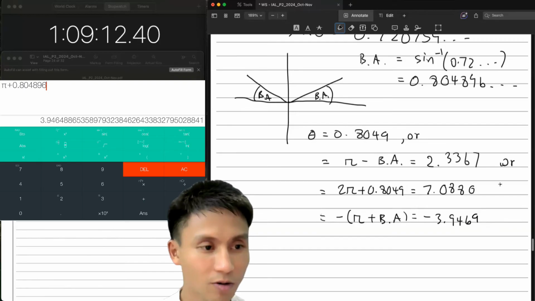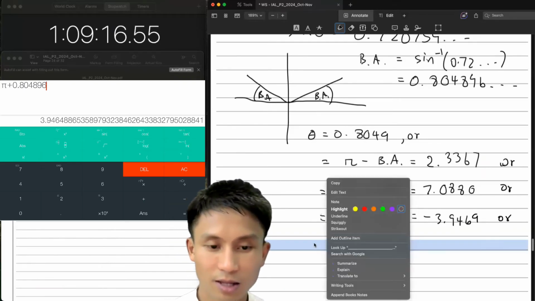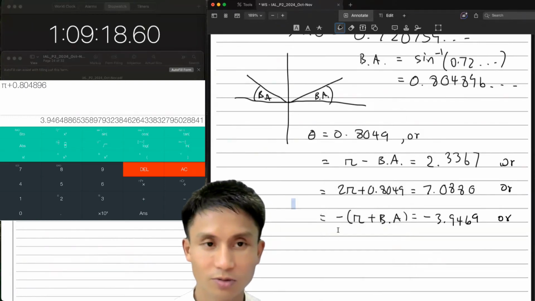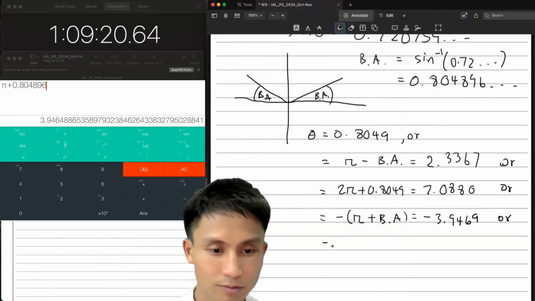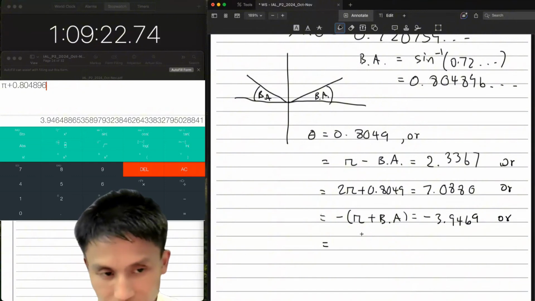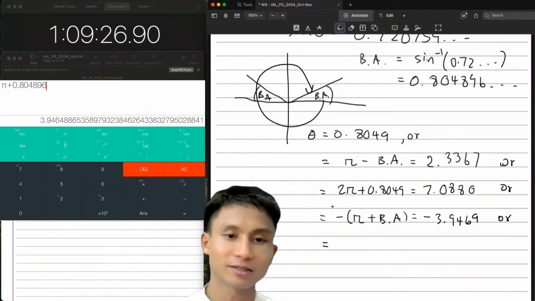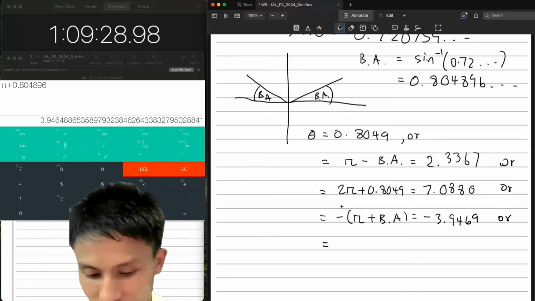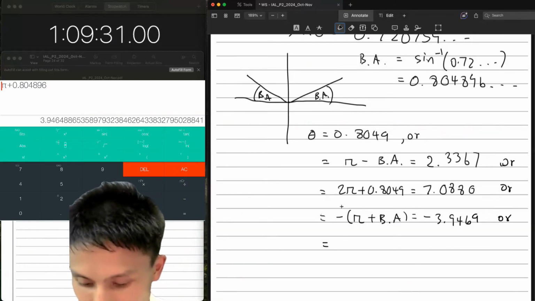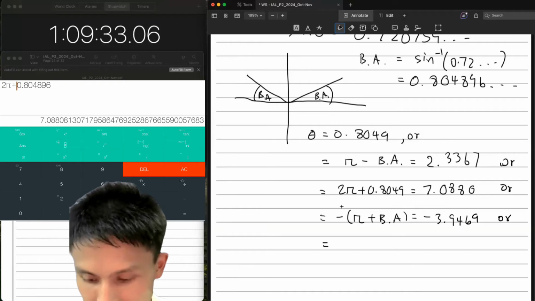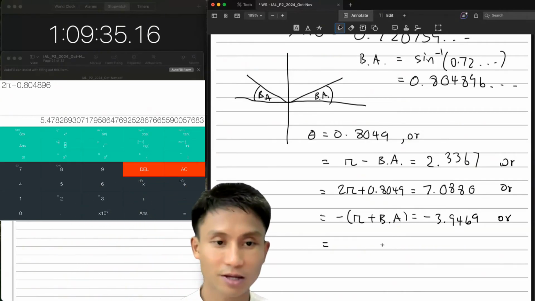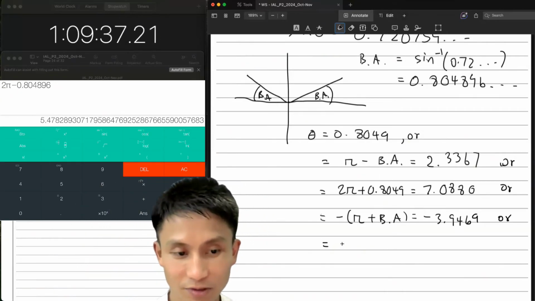And then the other one would be that one. So it's 2 pi minus the basic angle. I can do 2 pi and minus, the same thing, but we just add a negative sign.